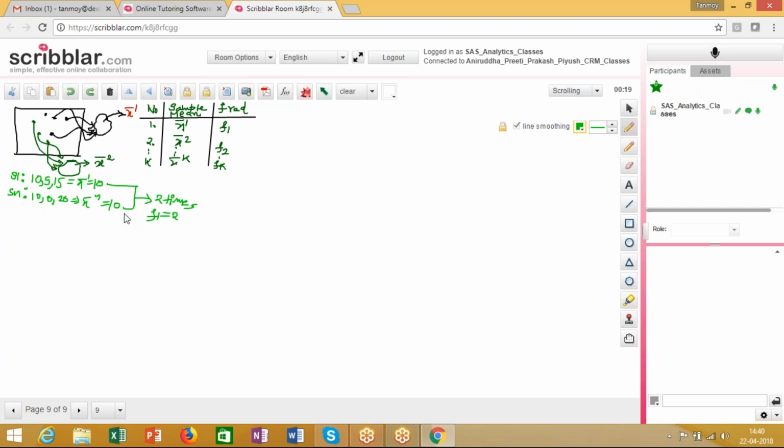So this k number of samples that you are seeing is the k number of different sample mean values that have actually come up, right? So that is what I mean by the frequency. It's not the frequency of the samples, but rather the frequency of the sample mean. So what is that sample mean value that has come up?